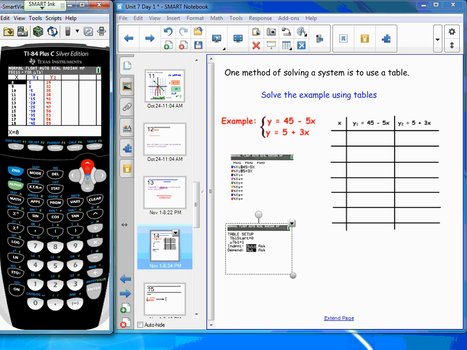So you guys are saying the x value 5 is paired with the same y coordinate. So what point would that be? That would be 5 comma 20 is on the first graph, the blue equation, and 5 comma 20 is on the second graph, so the solution would be 5 comma 20. Good job. So we've got one solution, 5 comma 20.